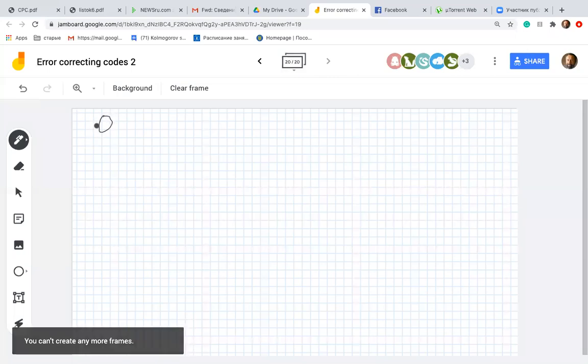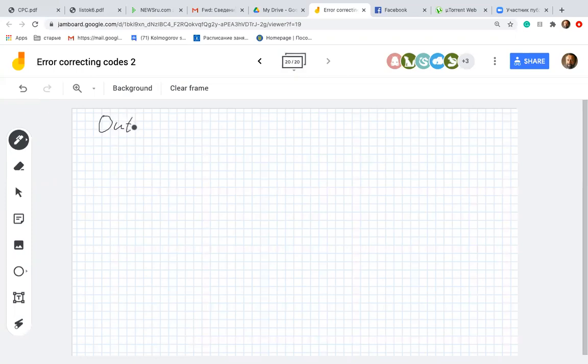The outer code, which in practice is usually a Reed-Solomon code, has parameters, say, N1, K1, and D1, and its alphabet is Q1.